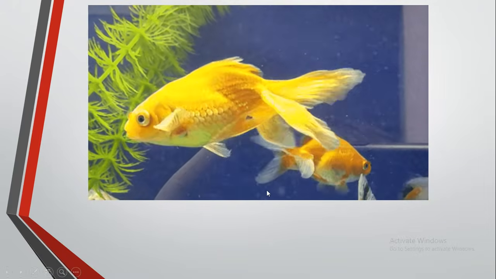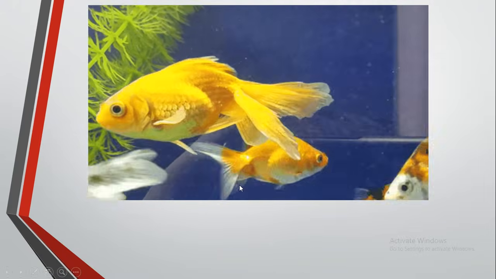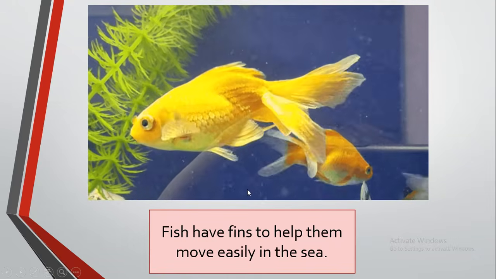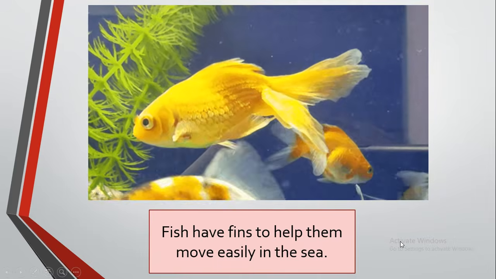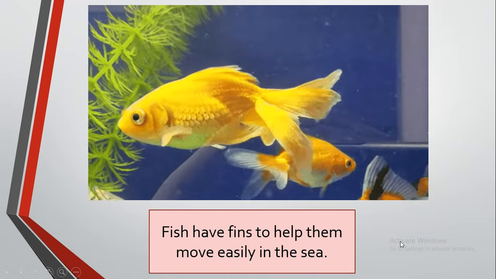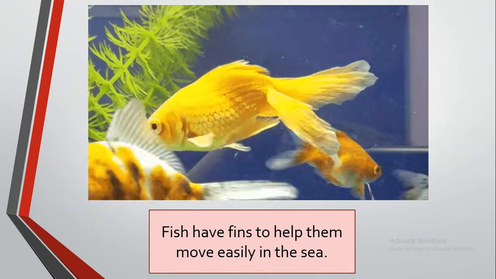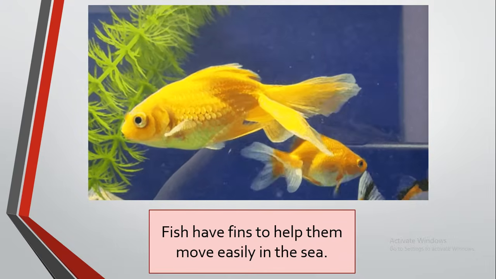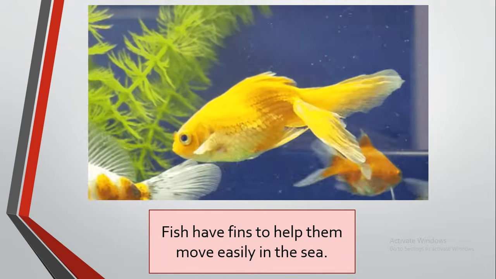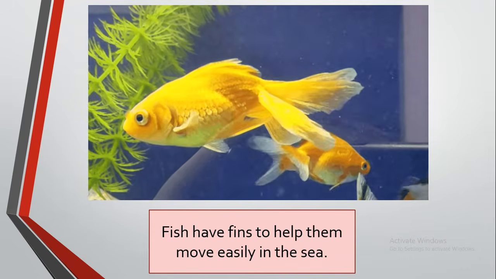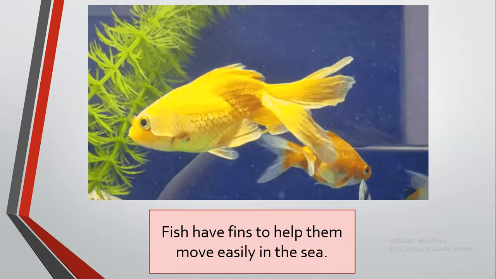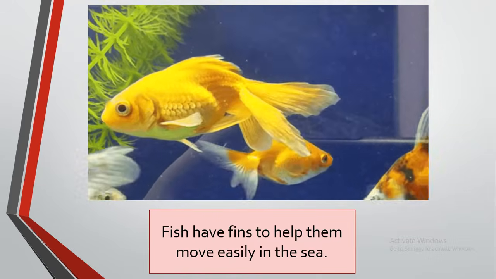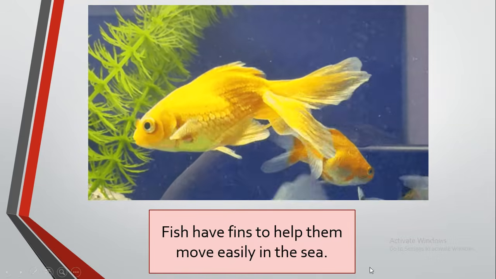Now look at this picture. As you can see, fish have fins to help them swim or move easily in the sea. Now, these are examples of some parts for these animals or for the cactus, a plant, that help them stay safe, help them move, help them get food and water.